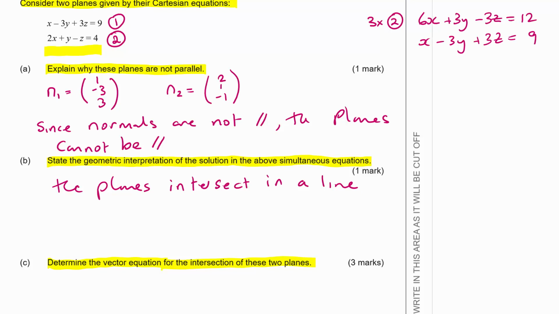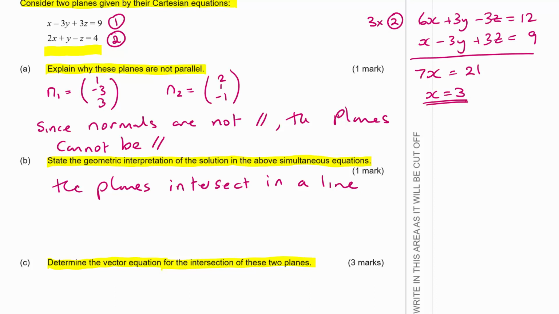So if I added them, I'd get 7x. The y's and z's would disappear. And 12 and 9 is 21. That gives me that x is equal to 3.